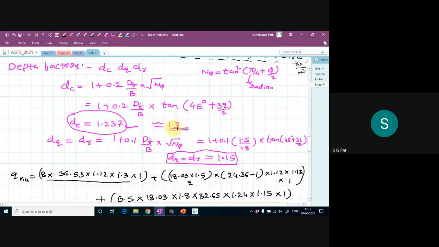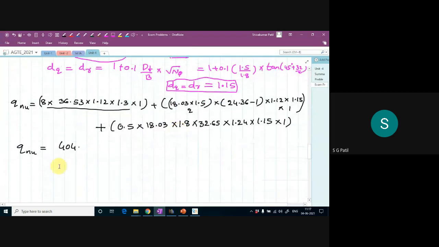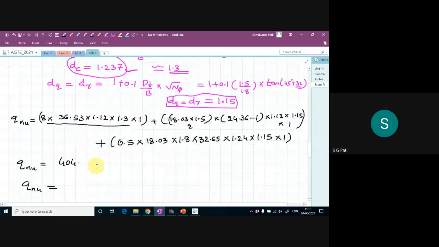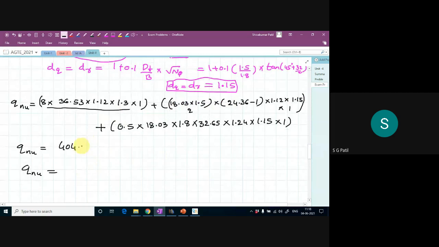But if you use 1.3, a little bit of change may happen here. Anyway, you calculate yourself. You tell me Q net ultimate. I will write my old results only. These results are according to DC of 1.23, not 1.3. I will write 404.9.